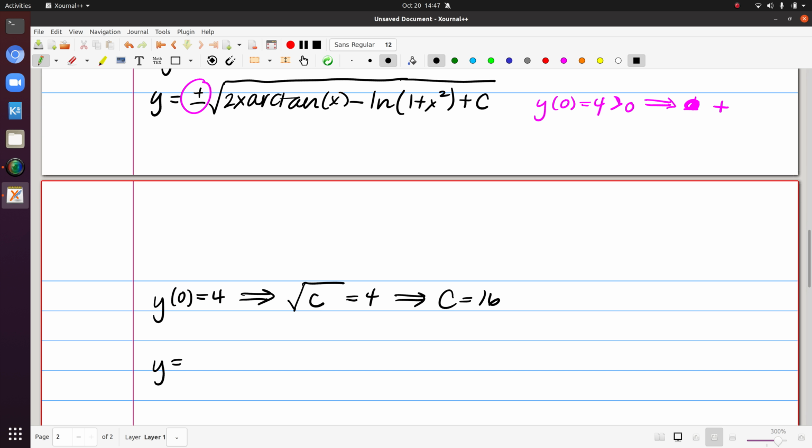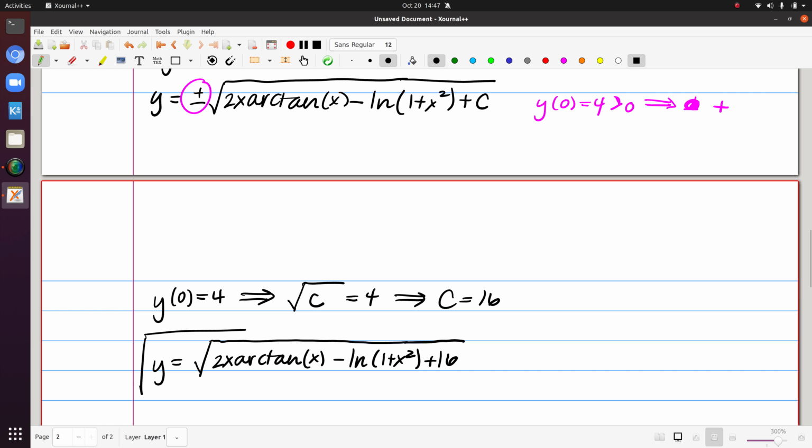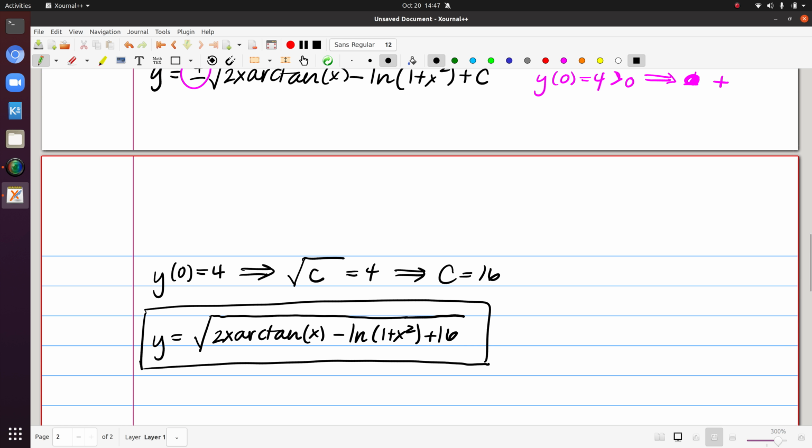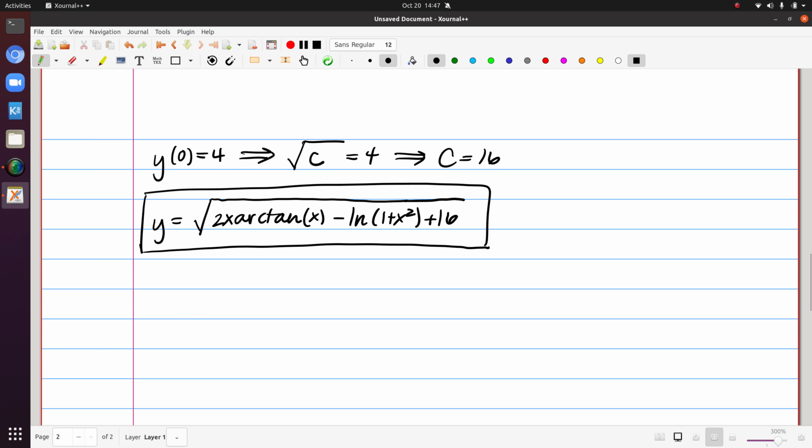So our final answer is the positive square root of 2x arctangent of x minus natural log of 1 plus x squared plus 16. If you had left that additive constant as 2c, then you should have found that 2c is 16, so we would have ended up at the same place here.